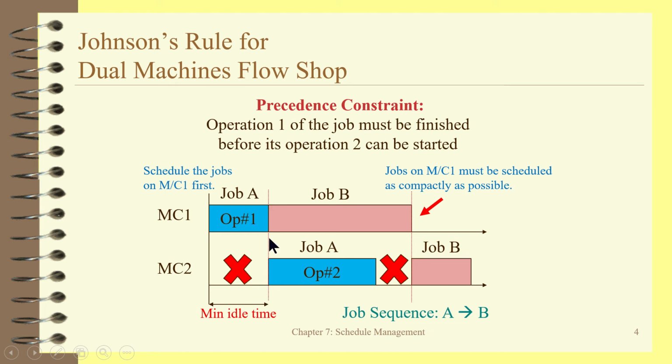So this is for job A. For job B, operation 1 finishes here, so the second operation of job B cannot be started before this time. It can be started after this time. So sometimes you have to put idle time or waiting time between operations because of the precedence constraint. This is the precedence constraint.